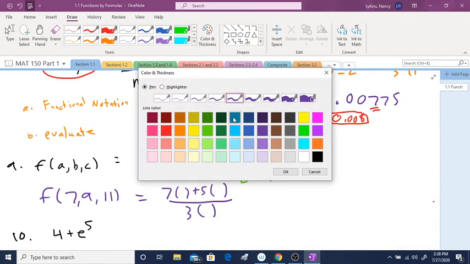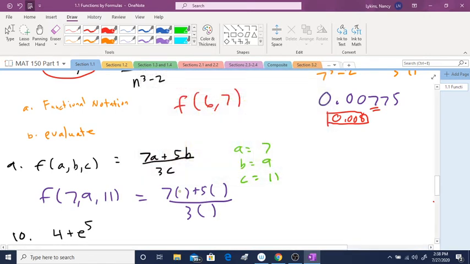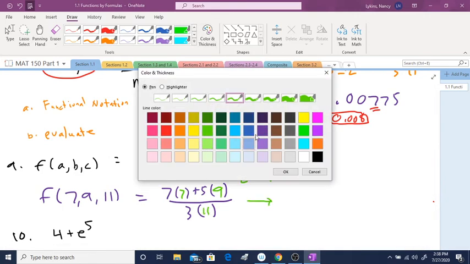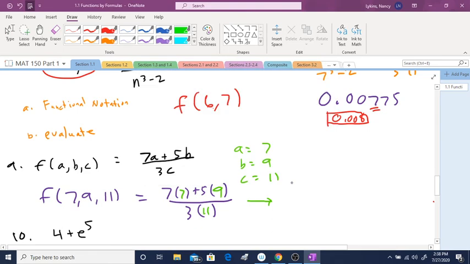Well, my A value is 7. My B value is 9. And my C value is 11. Now, how I would continue to go about this would be, okay, what is 7 times 7? It's 49. What is 5 times 9?